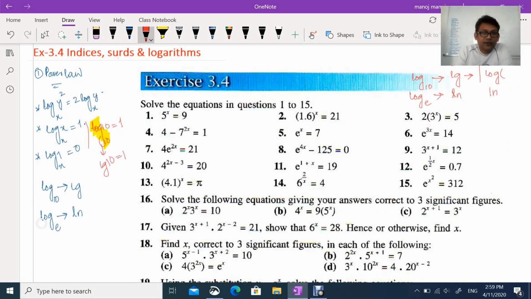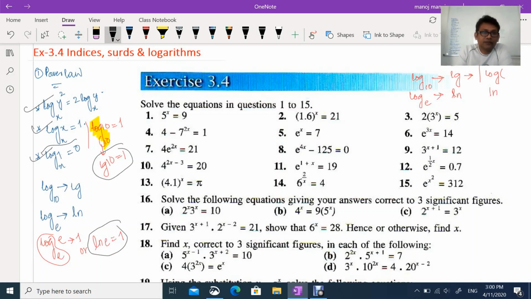For the same reason, log e of e, that is ln e, is also equal to 1. These are the points you should know, and this is also very important.